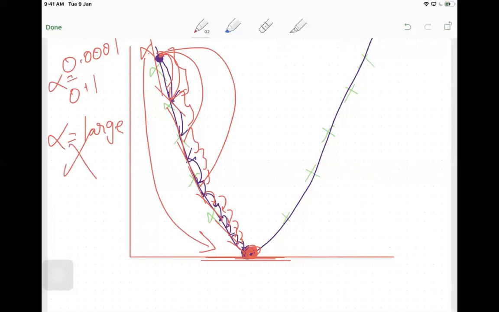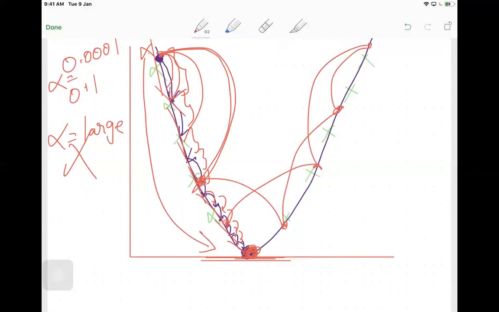The reason is that if you take a larger alpha value, you may take a very big step from here to here, then again a very big step from here to here, and you may keep jumping back and forth. This problem is nothing but overshooting.